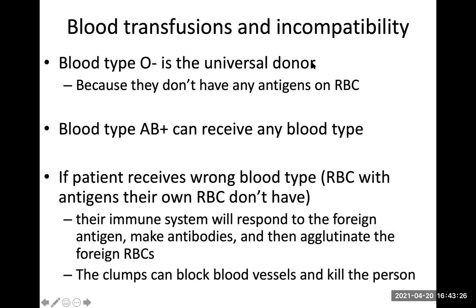So they are the universal donor. Everybody can safely receive O minus, O negative. On the other hand, AB positive people can receive any blood type safely. So that's cool. Everything else you'll need to think about, and that will be on your test.